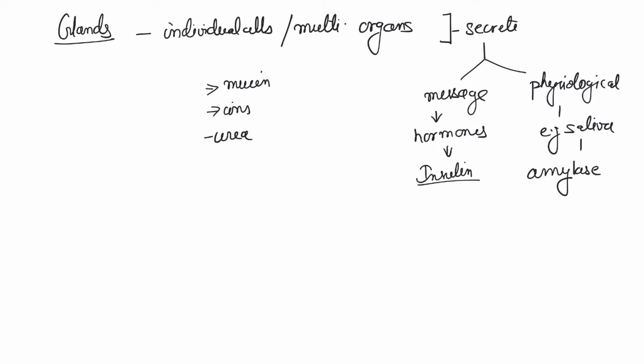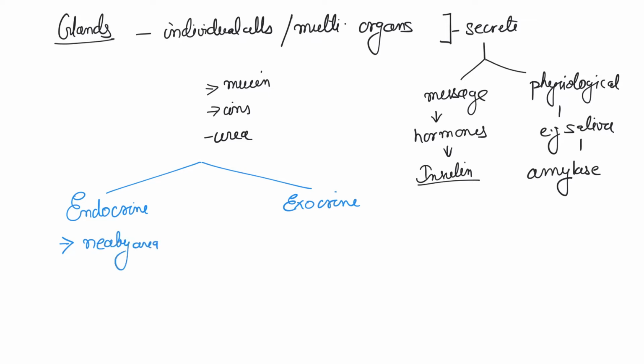Now, typically we divide glands into two categories. So you have the endocrine gland and you have the exocrine gland. Now, what is an endocrine gland? An endocrine gland gives its secretion in the nearby area. Why am I saying the nearby area?